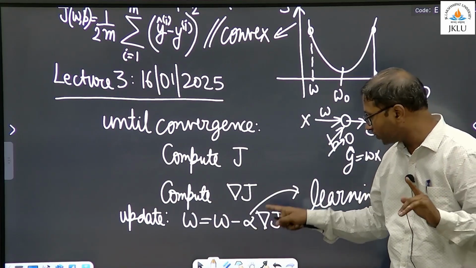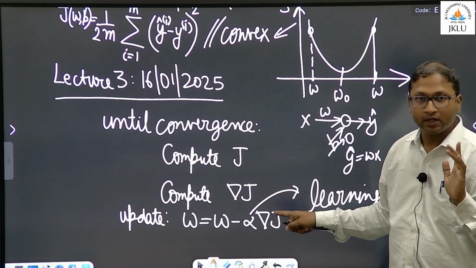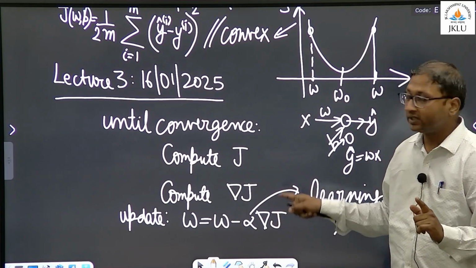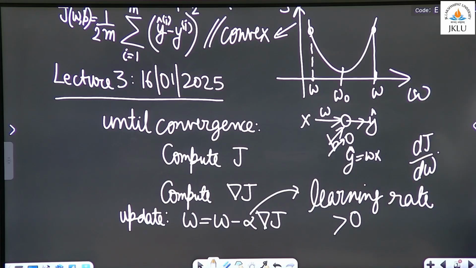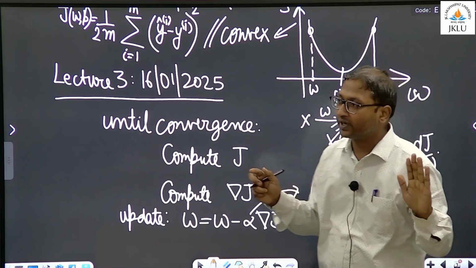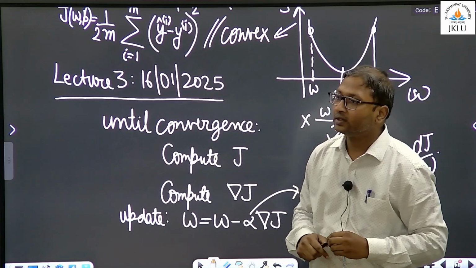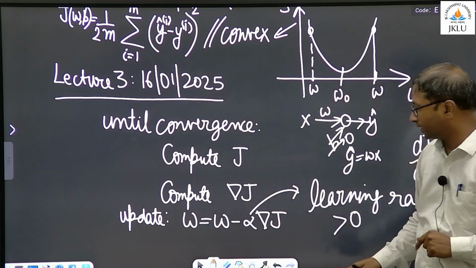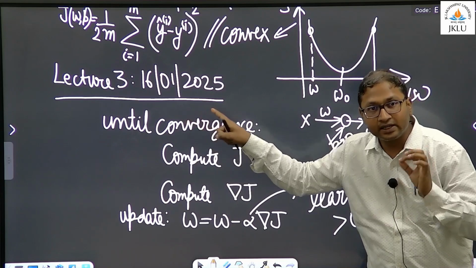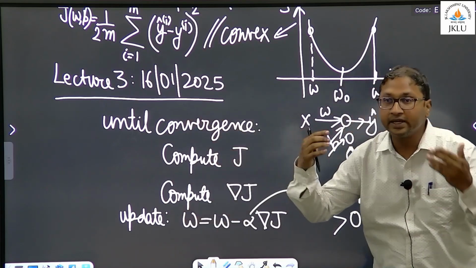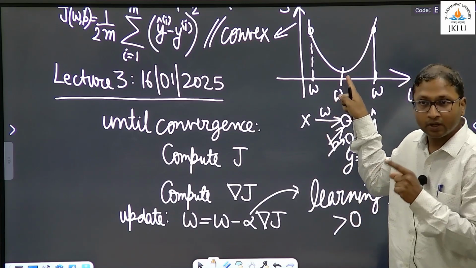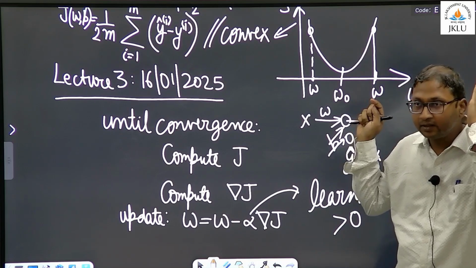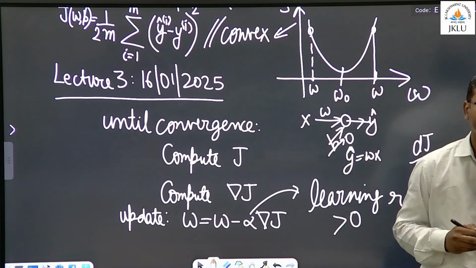Alpha cannot be 0, hence this guy has to be 0. This guy will be 0 in this case at only one point, which is minima. It's a convex function. It has only one point where grad J will be 0. So this is the point. So when we say until convergence, when we say learning has stopped, at which point will it stop? When I will reach exactly W naught. Okay?